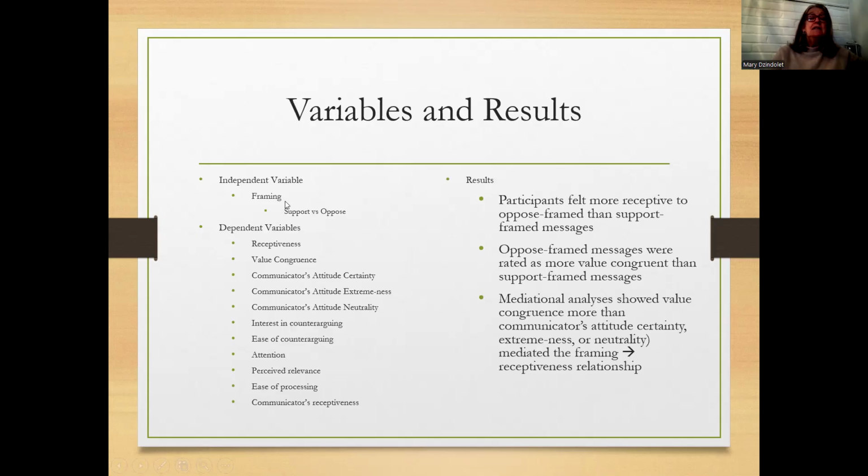So the main independent variable is whether it was framed in a support way or an opposed way. But then they are asked questions about how receptive they are to the message, the value congruence, the communicator's attitude certainty, extremeness, and neutrality, their interest in counter-arguing, the ease of counter-arguing, their perceived relevance, how much attention they pay, their ease of processing, and the communicator's receptiveness.